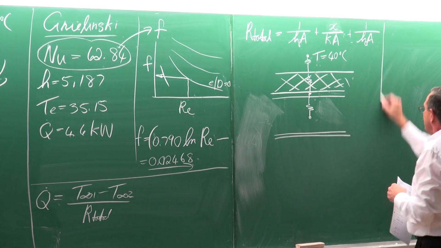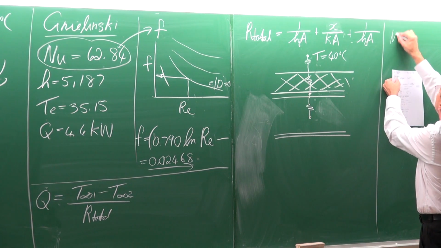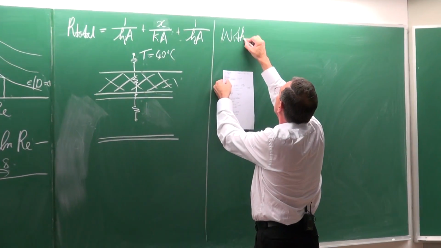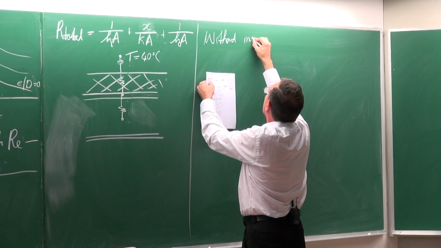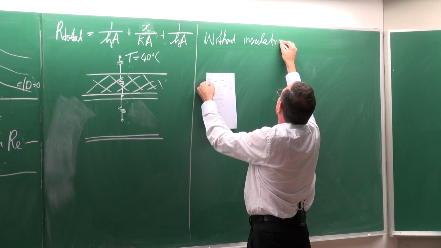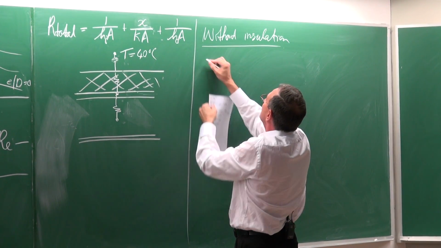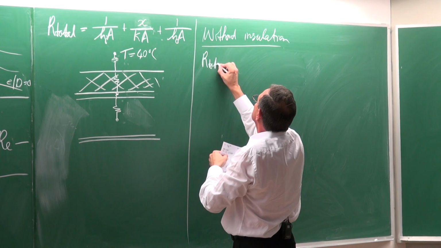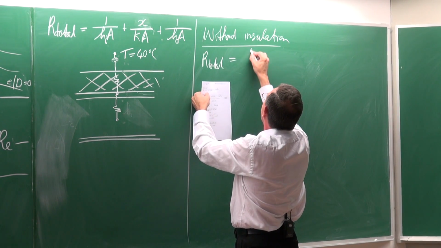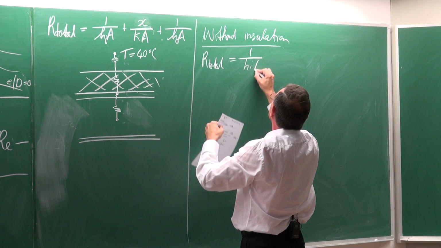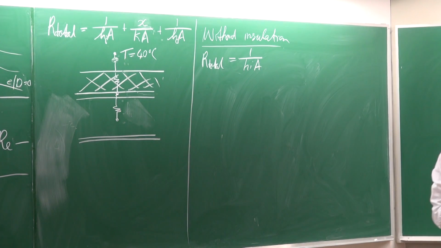So if we look at this problem without insulation material, then the total resistance is just going to be 1 divided by the heat transfer coefficient on the inside multiplied by the area.